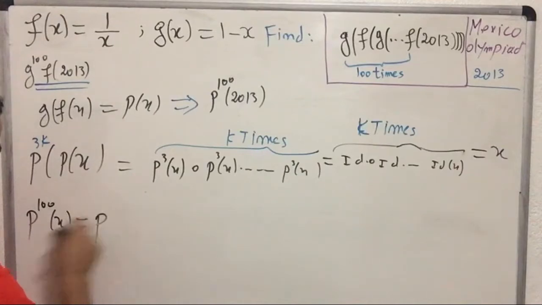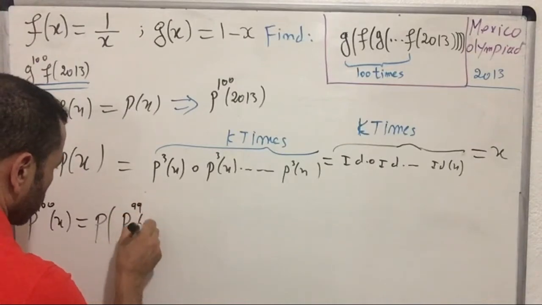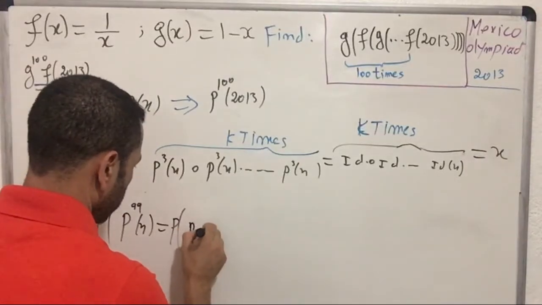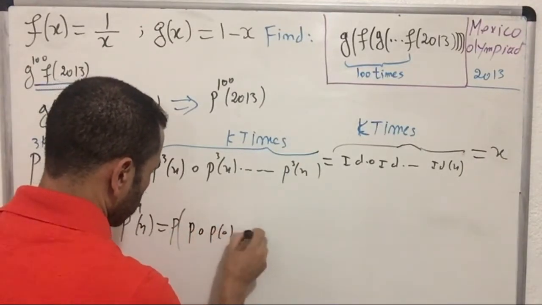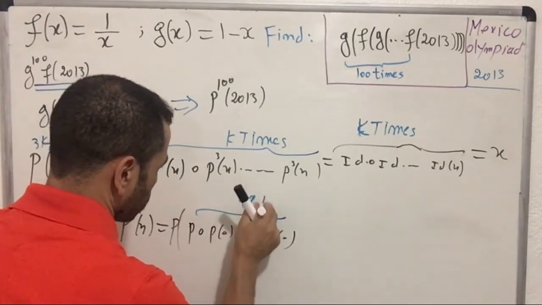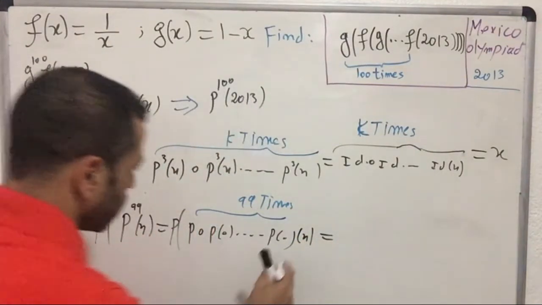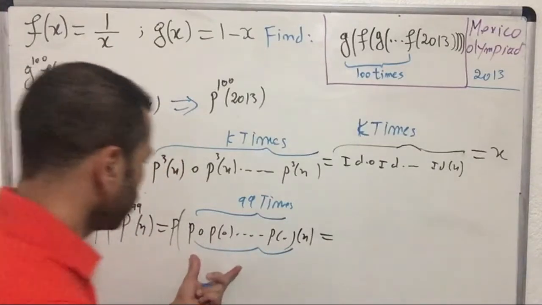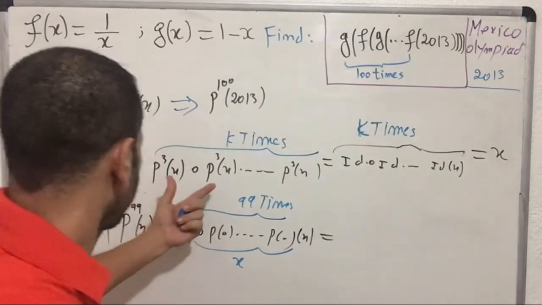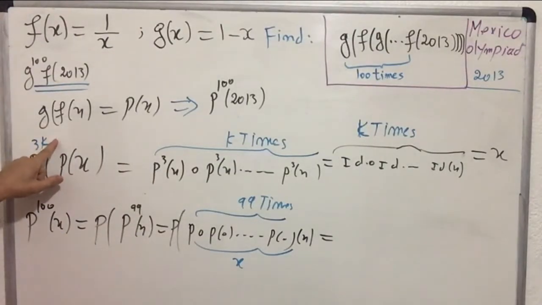That means p of 99 times, composed with p. Since every 3 times gives the identity function, to get 99 I replace k by 33.